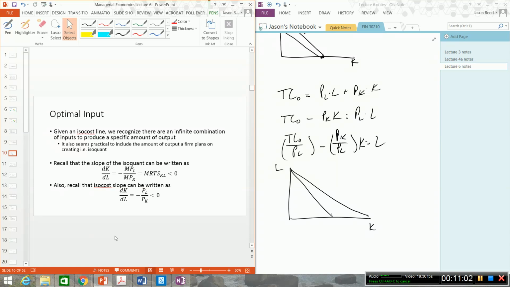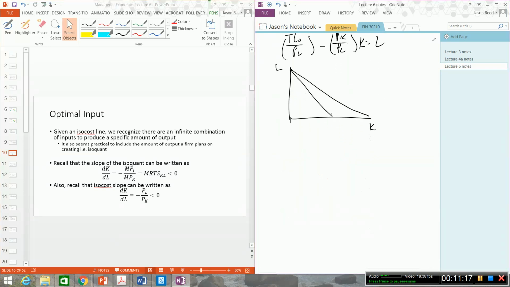That means there's an infinite combination of inputs that produce this specified level for us, similar to an isoquant in that way. So recall that the slope of an isoquant we realized was negative MPL over MPK.